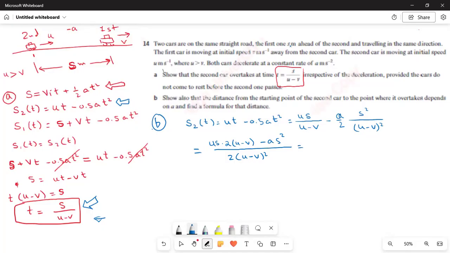Now let me open up this bracket. The denominator is 2 times u minus v squared.